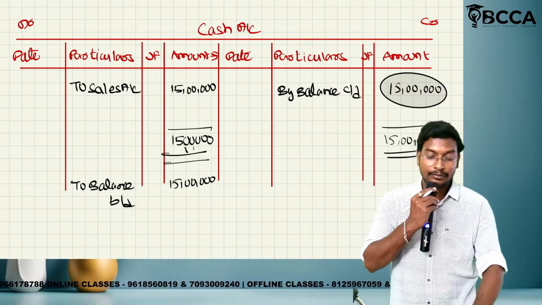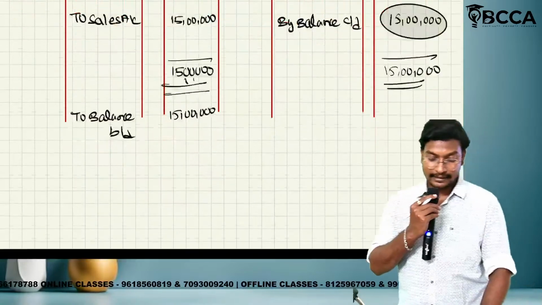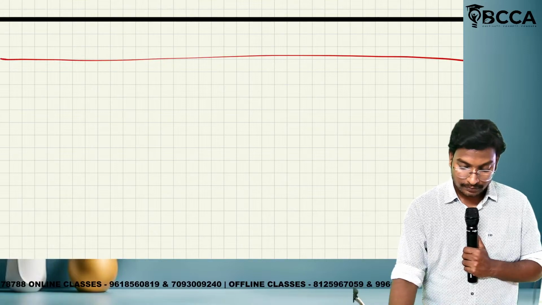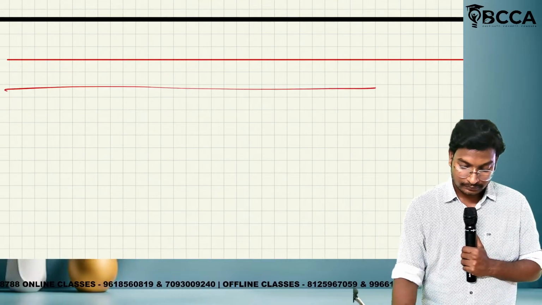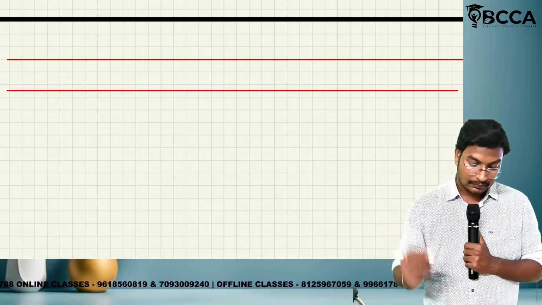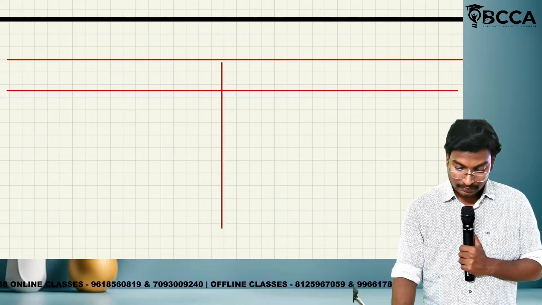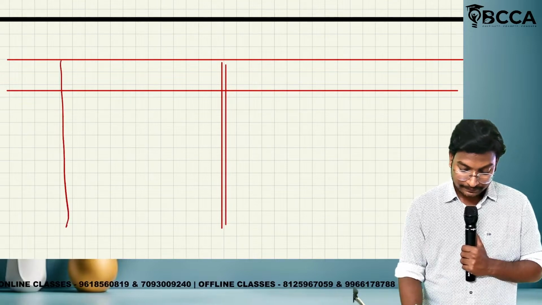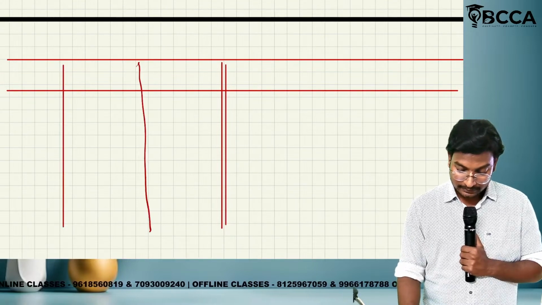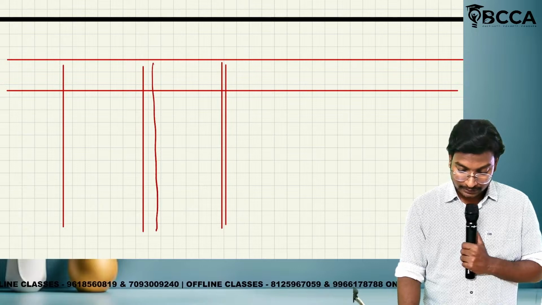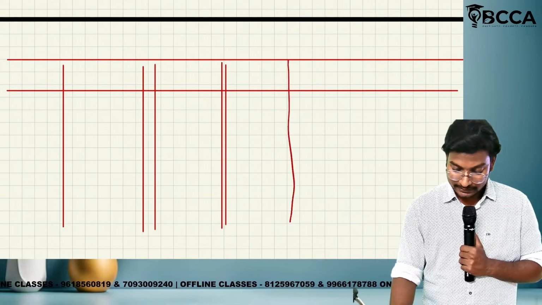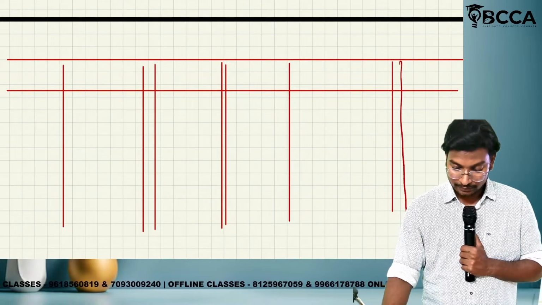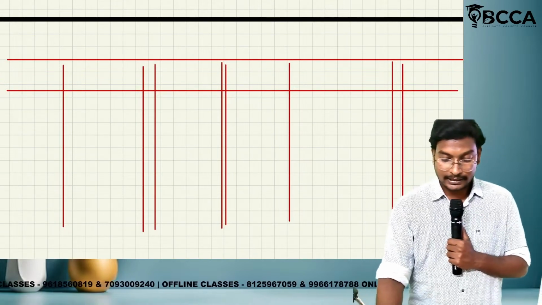Next, which account we need to open? We need to open the sales account. So date, particulars, JF, amount, date, particulars, JF, amount. Okay, now which account we are opening, ma?